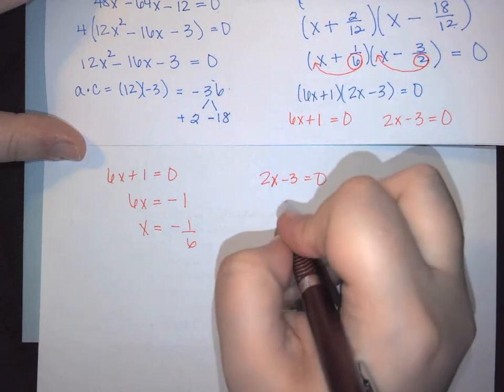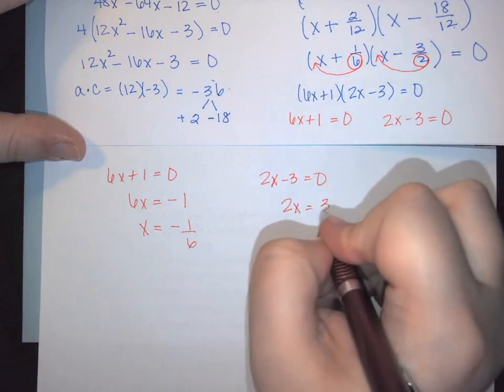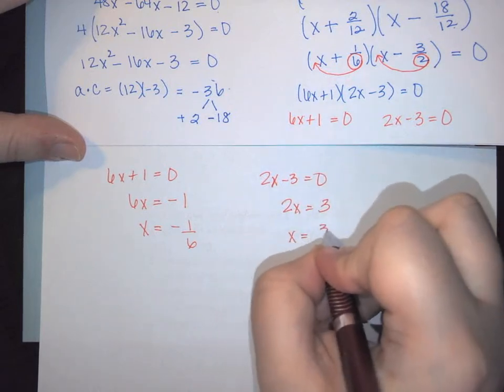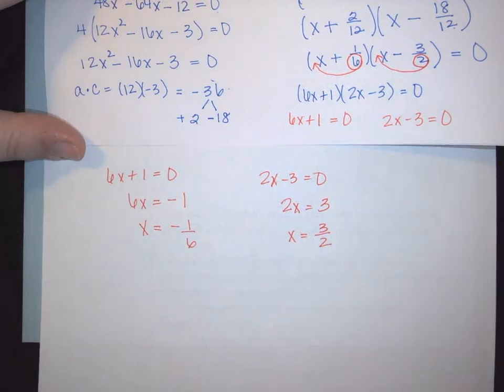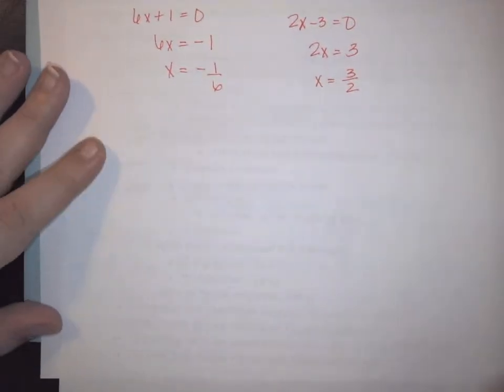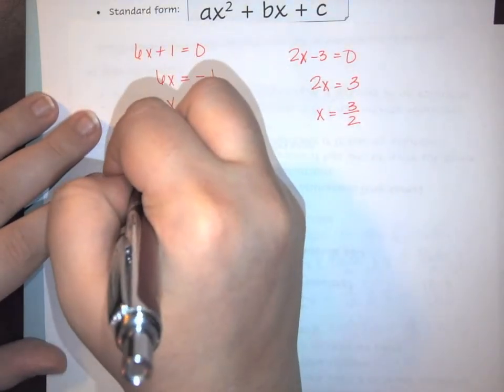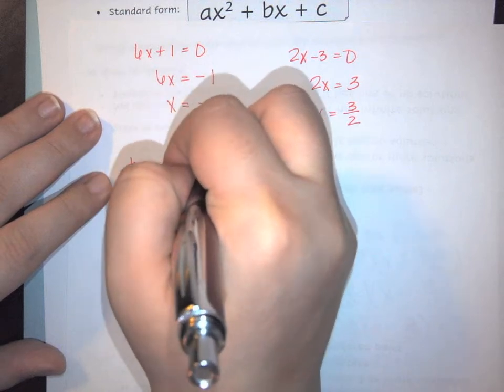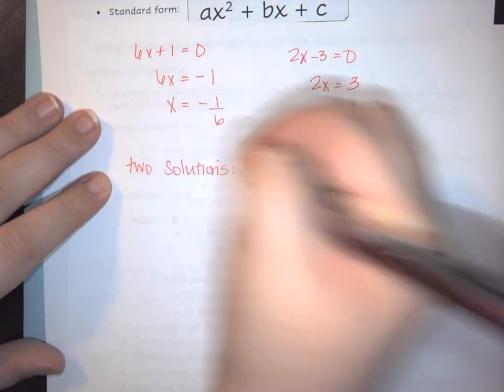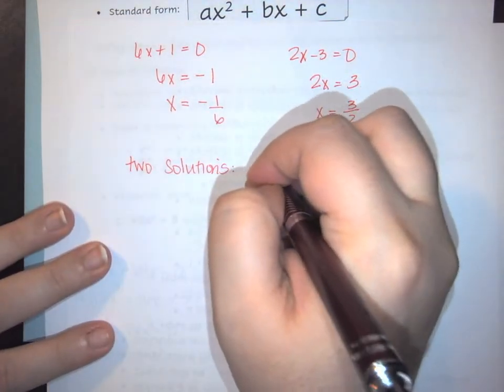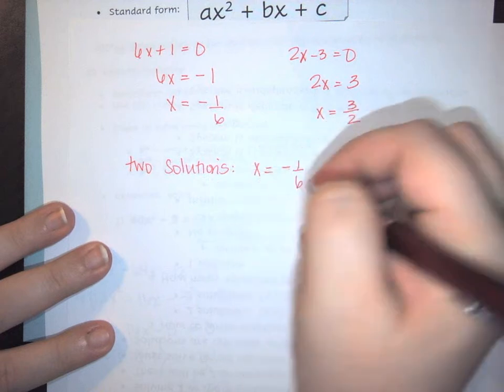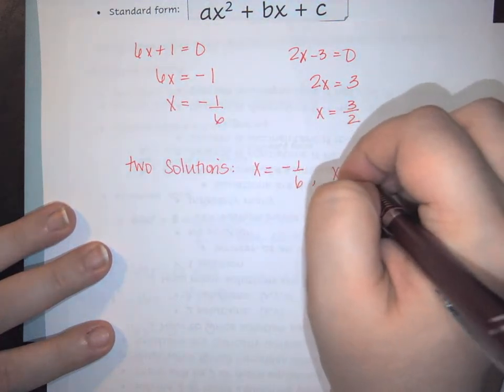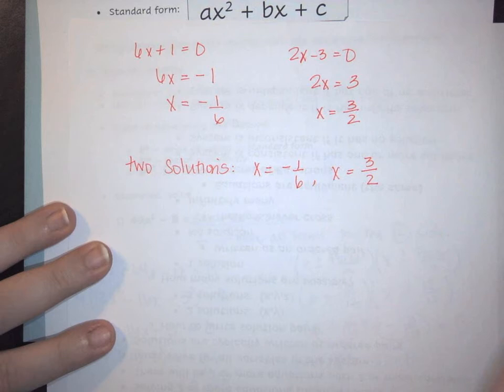So again, 2x equals 3. So x equals 3 halves. So in this case, we have two solutions. In this case, we have that x equals negative 1/6 and x equals 3 halves.